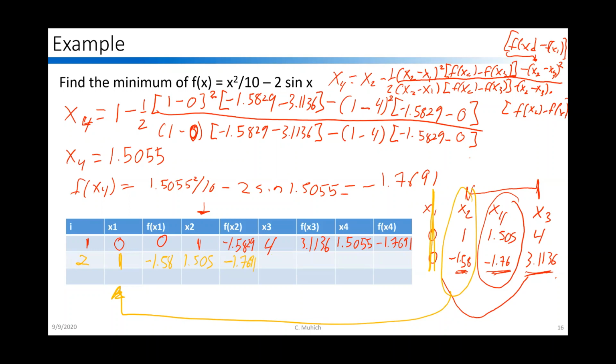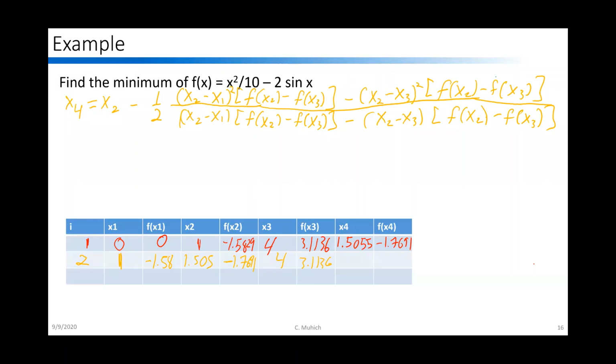Now comes x3, which is just going to stay x3, so that's 4 and 3.1136. And we're ready to punch in all of these numbers again. So let me just clean up the screen a little bit, and then we can go ahead and calculate x4 again.